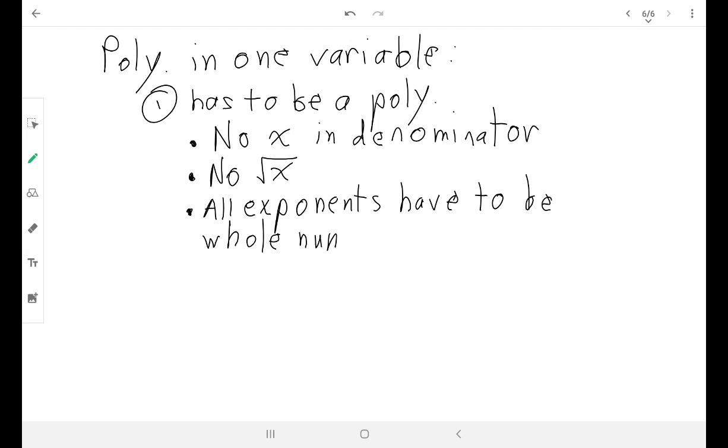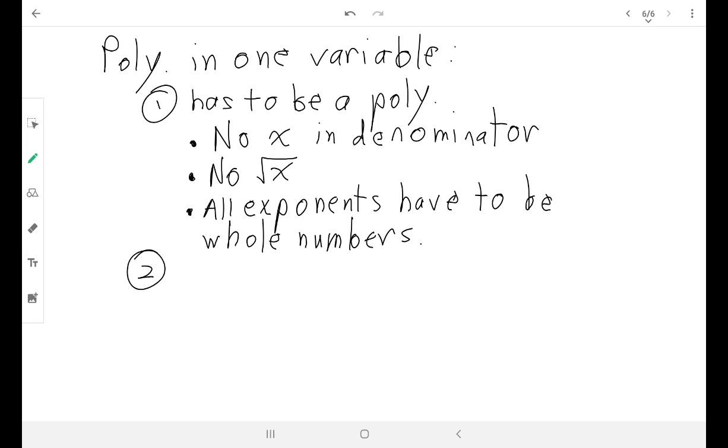So they have to be 1, 2, 3, 4. You can't have a half as an exponent. You can't have 5/3 as an exponent. You also can't have negatives as an exponent. Okay? Any of that disqualifies it from being a polynomial.